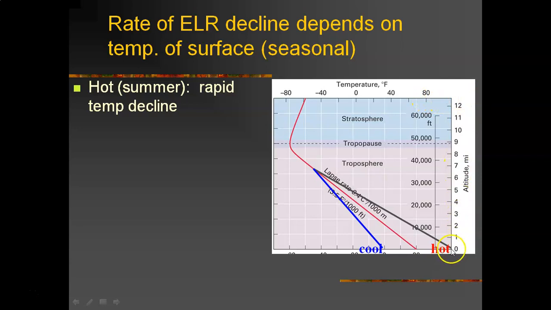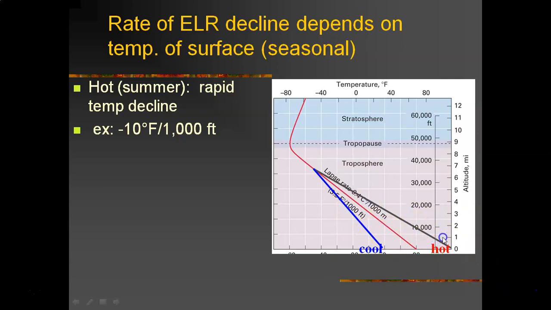We're superheated at the Earth's surface, and what that means is we're going to have very large rates of temperature decline in the troposphere because the surface is superheated. So, rapid rates of temperature decline. It wouldn't be uncommon around here to have an environmental lapse rate much larger than the world average, something like maybe 6, 7, 8, 10, 12 degrees temperature decline per 1,000 feet.